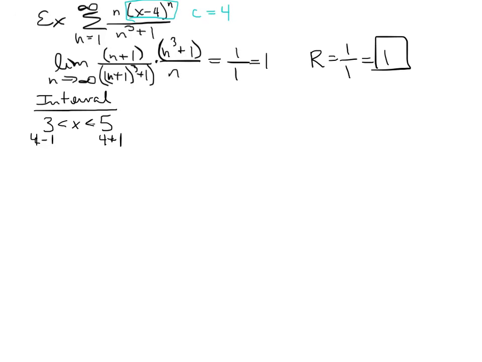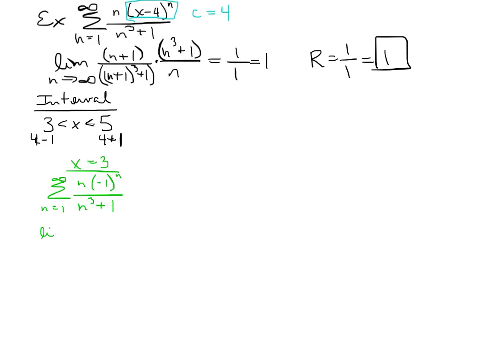So I've got to check and see what happens when x is equal to 3. We'll start there. So I plug that into the sum from 1 to infinity of n times 3 minus 4, which is negative 1, all over n cubed plus 1. I have a negative 1 to the n.